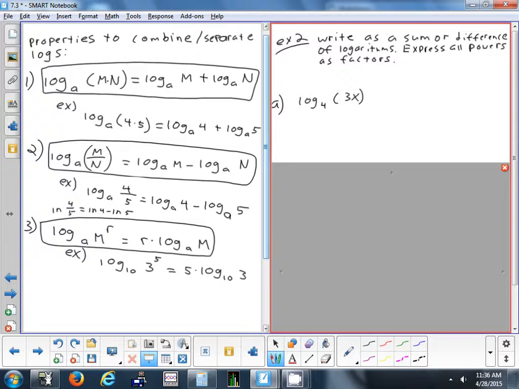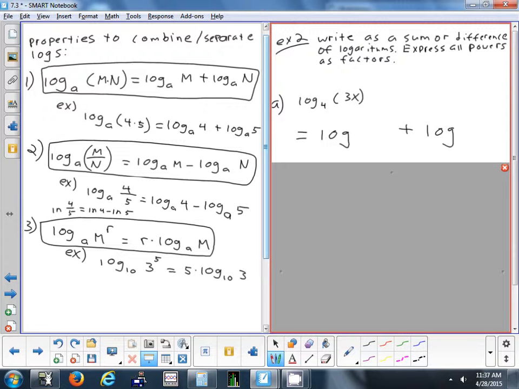Okay, so let's start with this one. When we split this one apart, is it going to split apart as a sum or difference? Yeah, it's going to be a sum because you're multiplying two things together. So I'll start with that. What's going to be the base on each of those logs? 4.